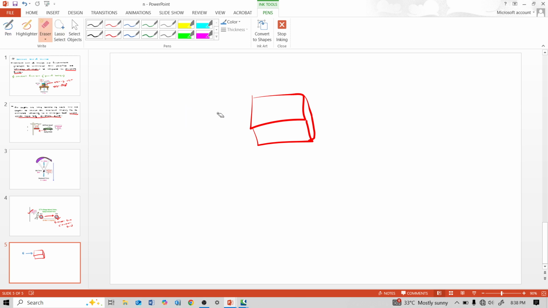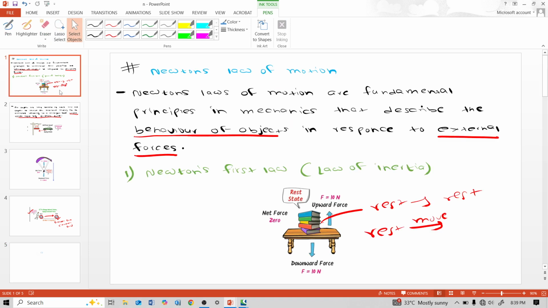If I don't apply force, then it will not move. That is Newton's first law. Assume that it is a car and it is in motion, so it will always be in motion. If I don't apply the brake, then it will not stop. So braking is an external force.